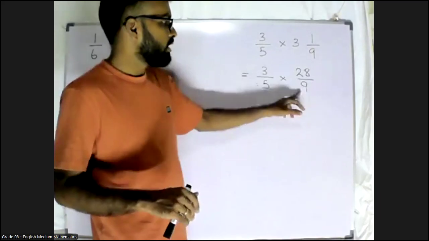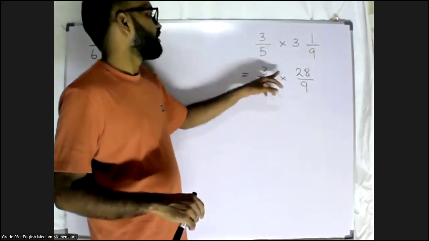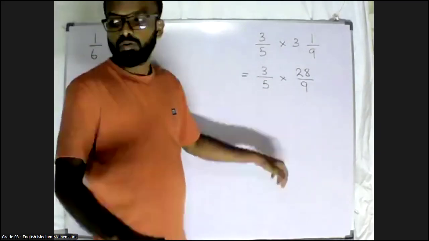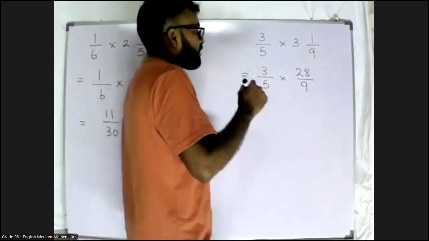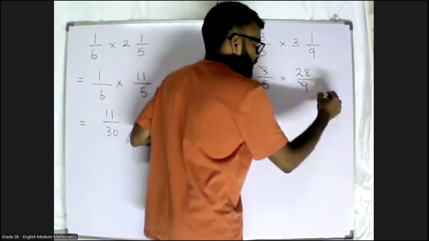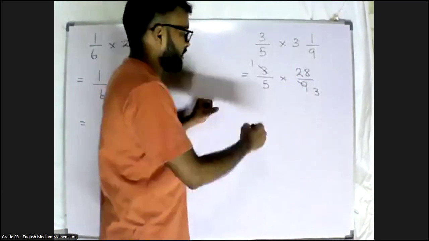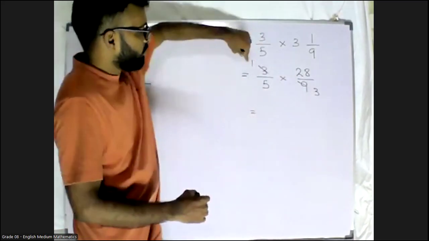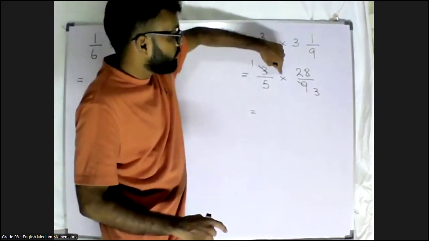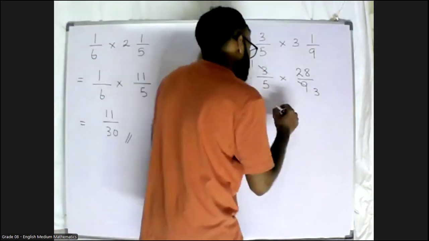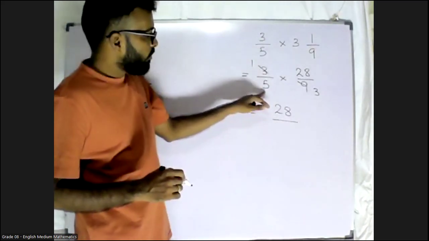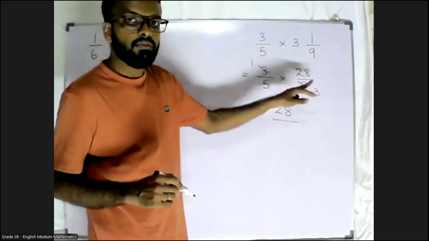No. 3 and 9? Yes. Then 28 and 5? No. 28 and 9? You cannot do that. 3 times 1, 3 times 3, and equal 1. Then now you can obtain the answer. 1 times 28, 28. Denominator, 5 times 3, 15.